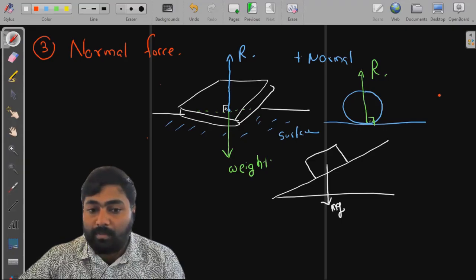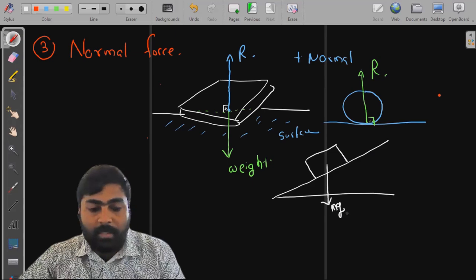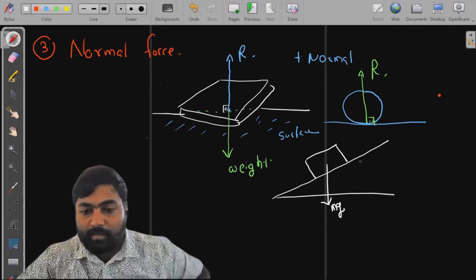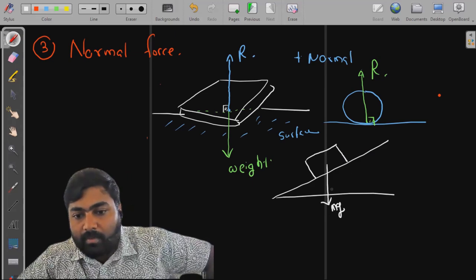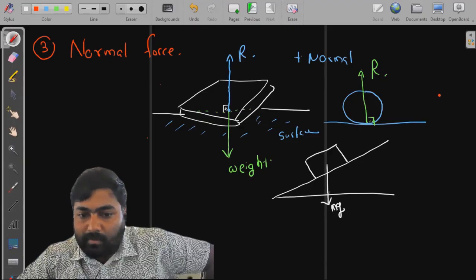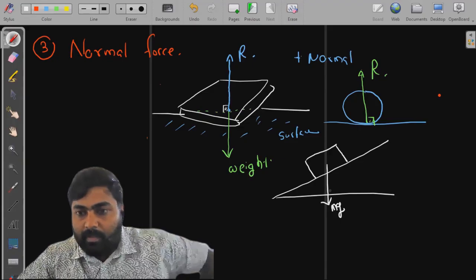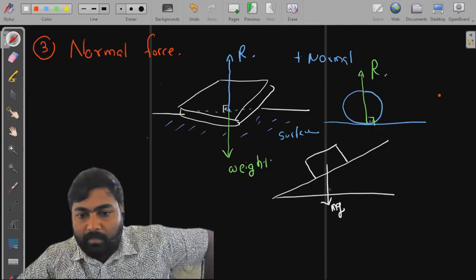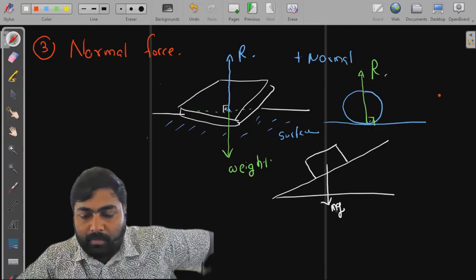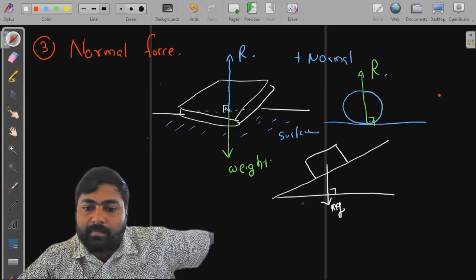Remember this also, mg and weight are the same. Mg, the weight, is always perpendicular to the ground. I will tell you again when we come to this force.